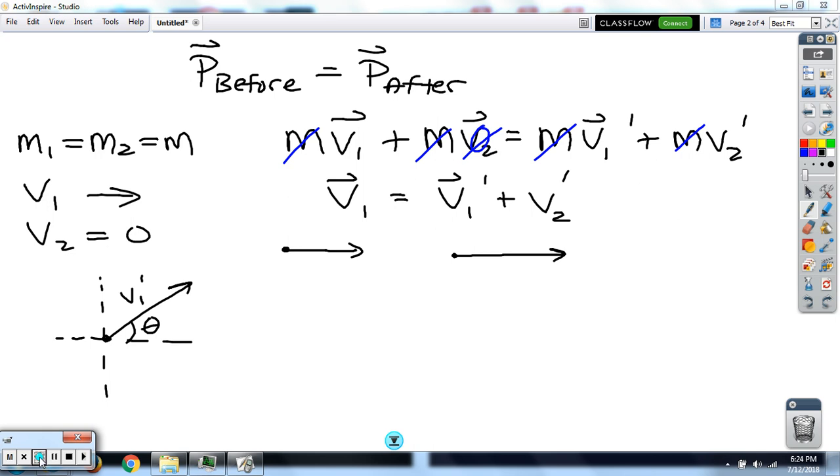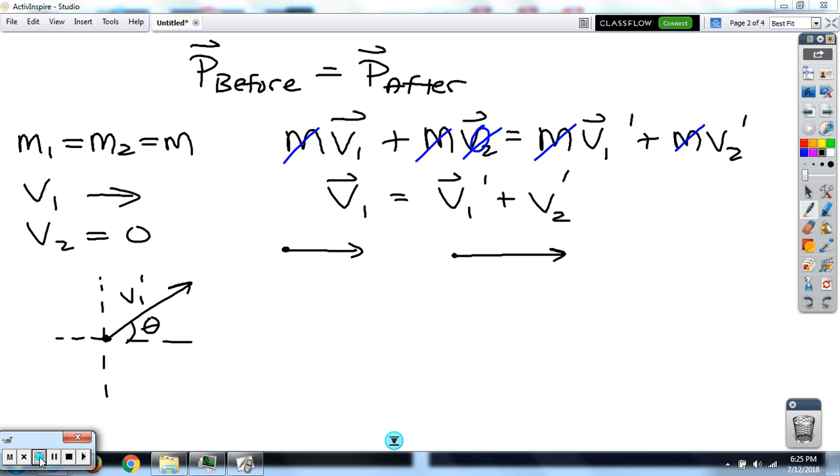But when you have two objects that are the same mass, if one starts off at rest and the other one comes in along the horizontal here, when they collide and they stay the same mass, if they fly apart at the same speed after the collision, then their angles should be identical.